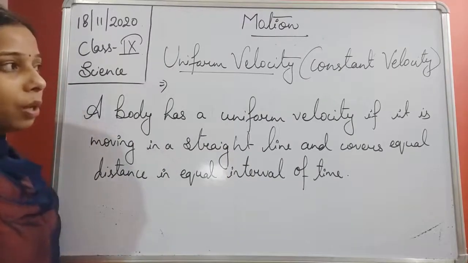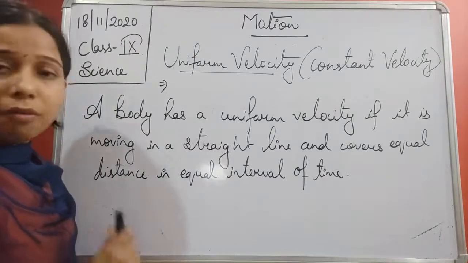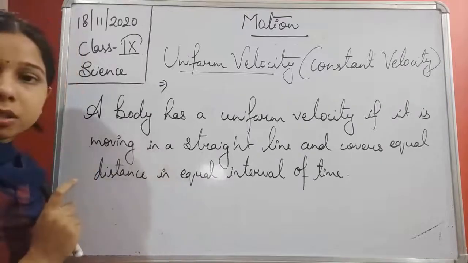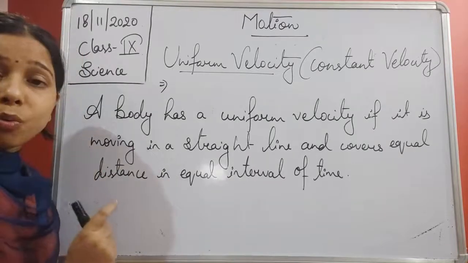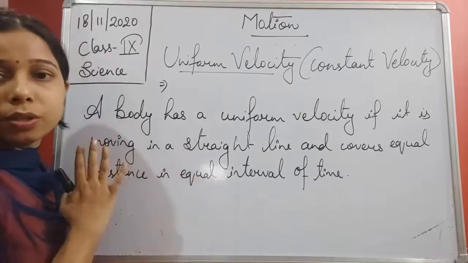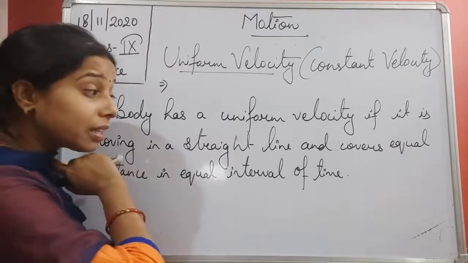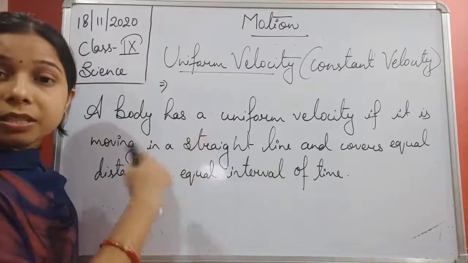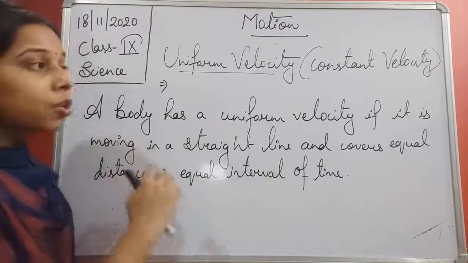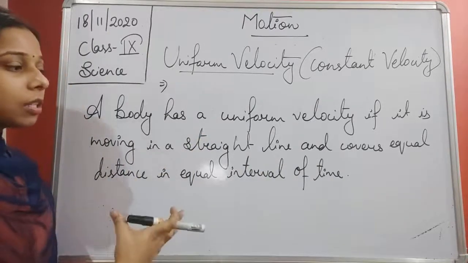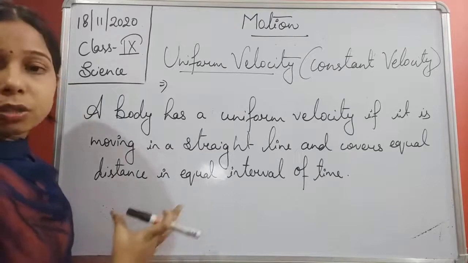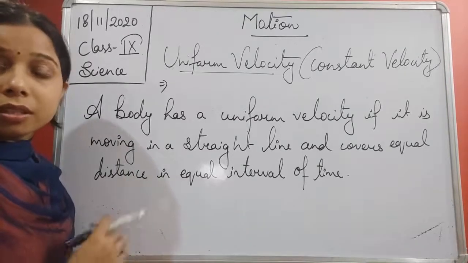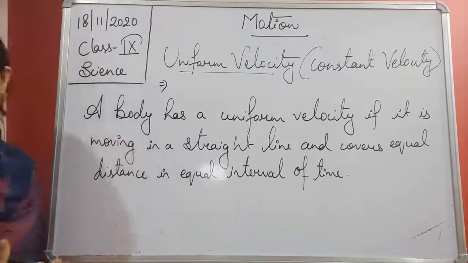Such kind of velocity is known as uniform velocity. And how will it be a constant velocity? Because the body is moving an equal distance in equal interval of time, and it is moving in a straight path, students. It is not moving in a circle, but in a straight line. So we can say that it is a uniform velocity.